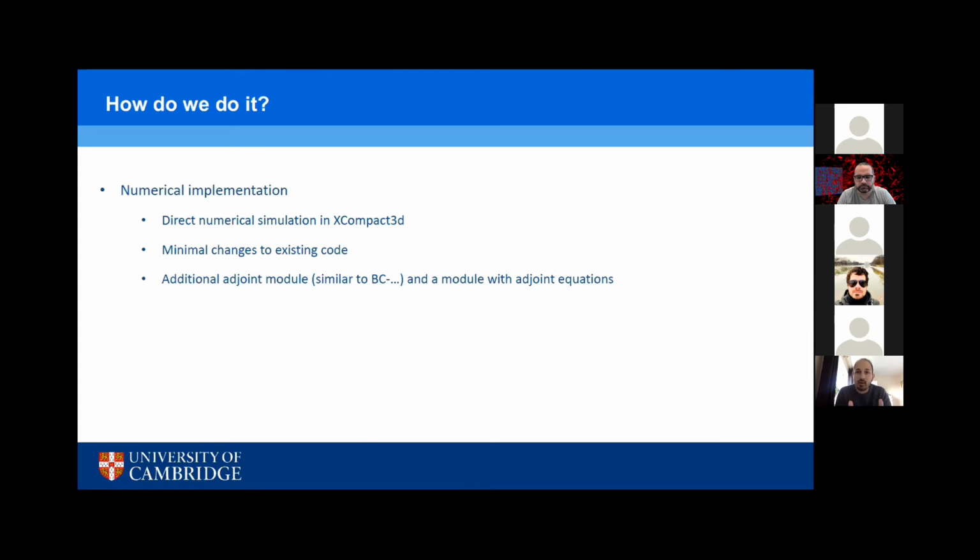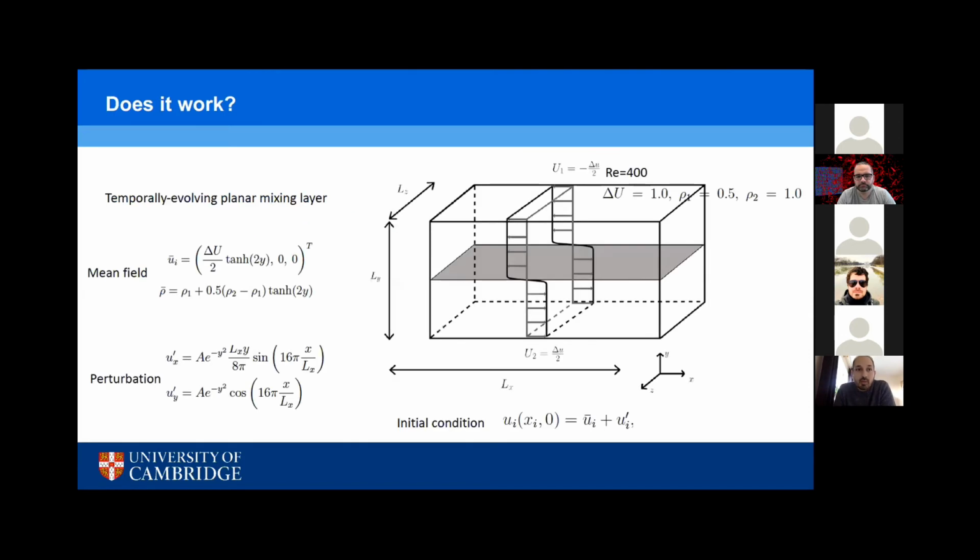So that's just one file that a user would have to edit, add in what cost function they're looking to optimize, add in the initial conditions, and that would be the only change needed. At the same time, I've written a module with all the adjoint equations in it, and that can be just used repetitively.